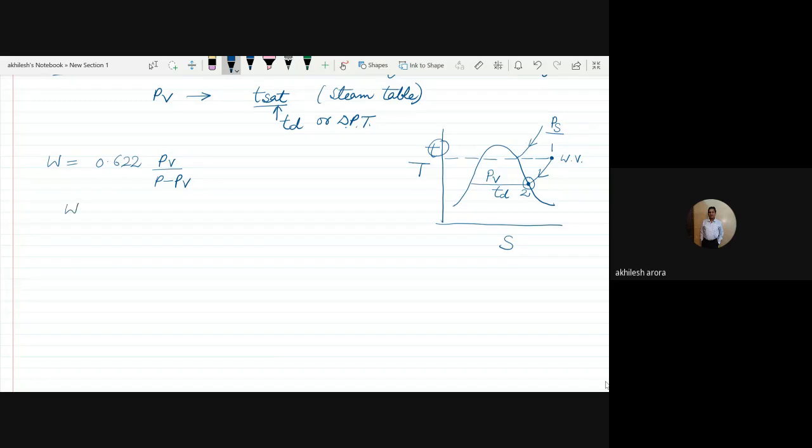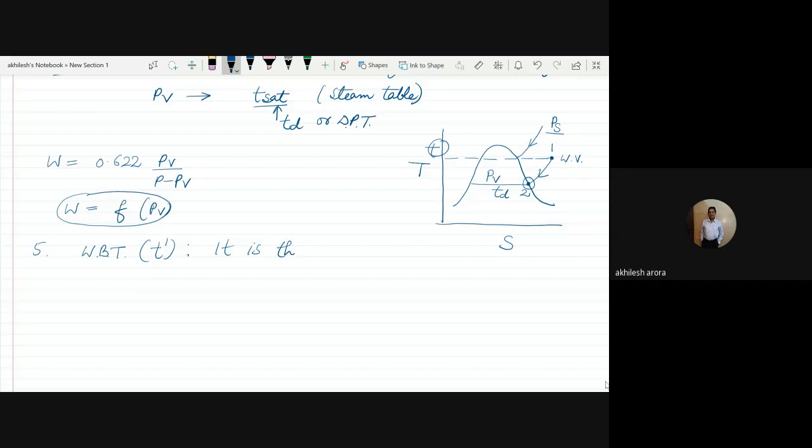And I also told you that W is a function of PV, basically a function of the partial pressure of water vapor. Now let us go to the fifth psychrometric property, and that is wet bulb temperature, denoted by T dash. So I am going to write its definition.